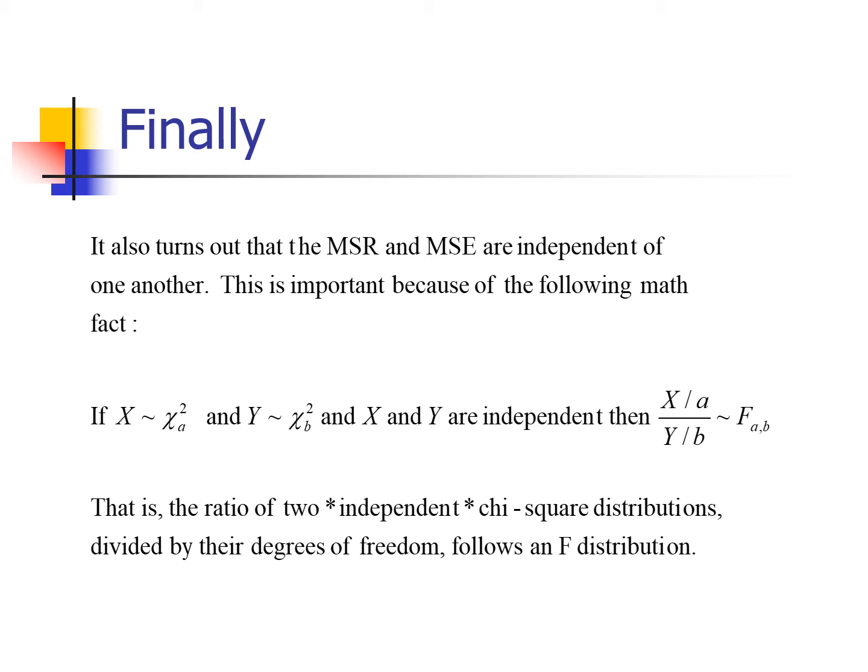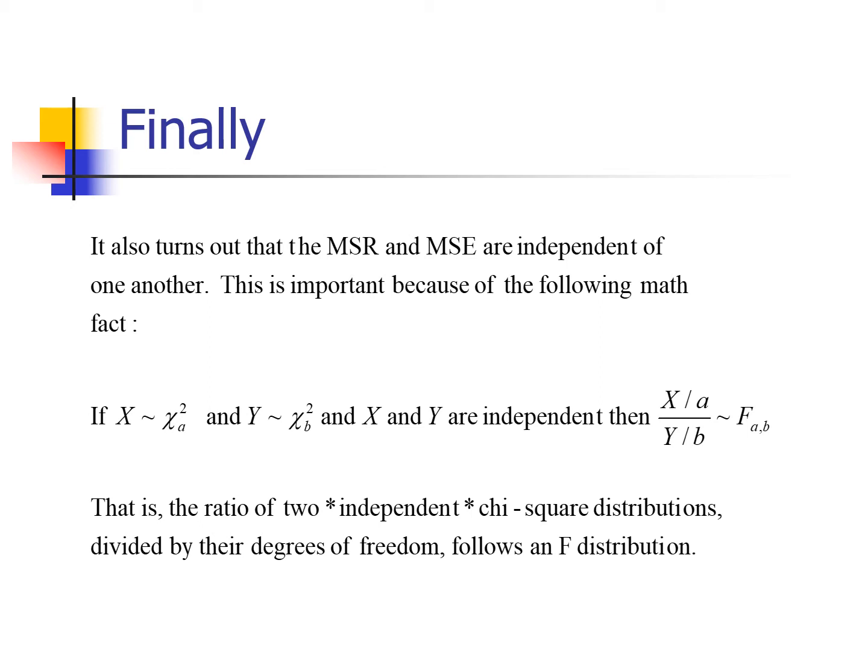This final math fact says that if we have two random variables, x and y, both of which are chi-squared, x has a degrees of freedom, y has b degrees of freedom, and, this is important, x and y are independent, then x divided by its degrees of freedom over y divided by its degrees of freedom can be proven mathematically to follow something called an F distribution.